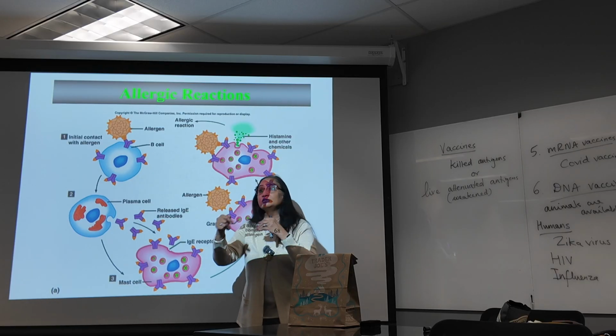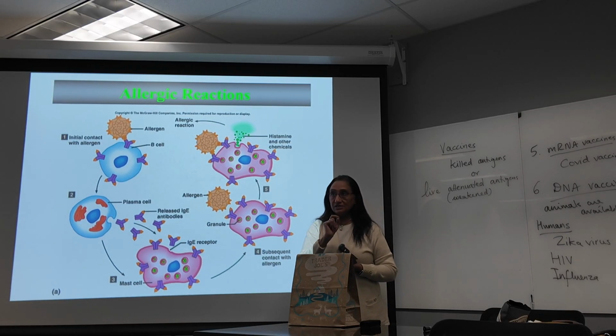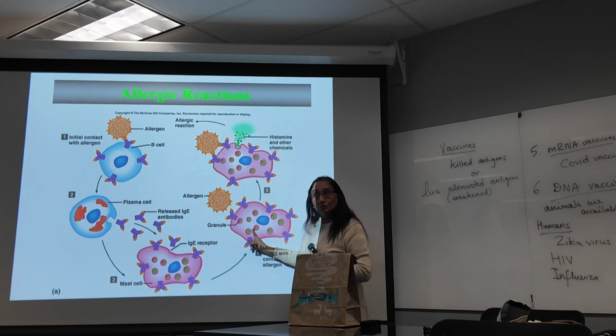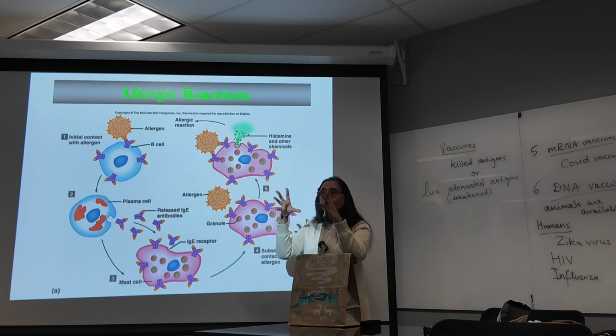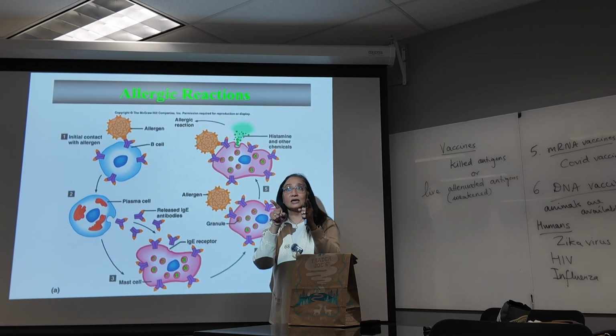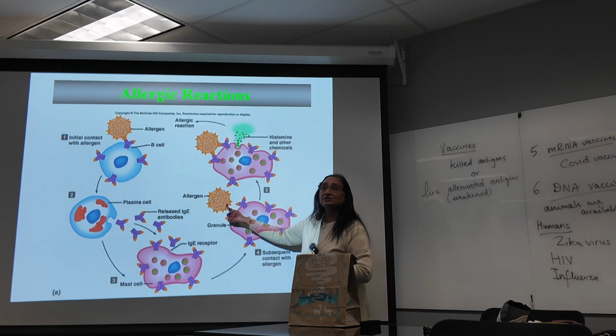And then all of a sudden, the next year, when you are exposed to that same antigen, the pollen, now these tissue mast cells which are already there and prepped up, they have the IgE antibodies to recognize that hapten, they will bind to the allergen.